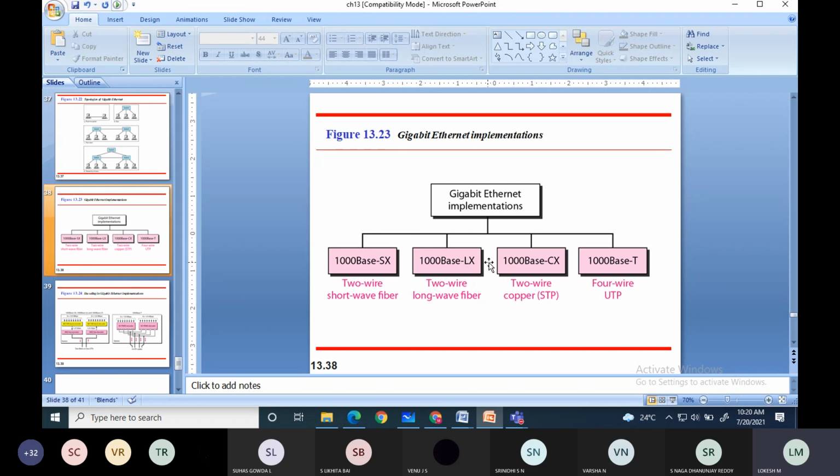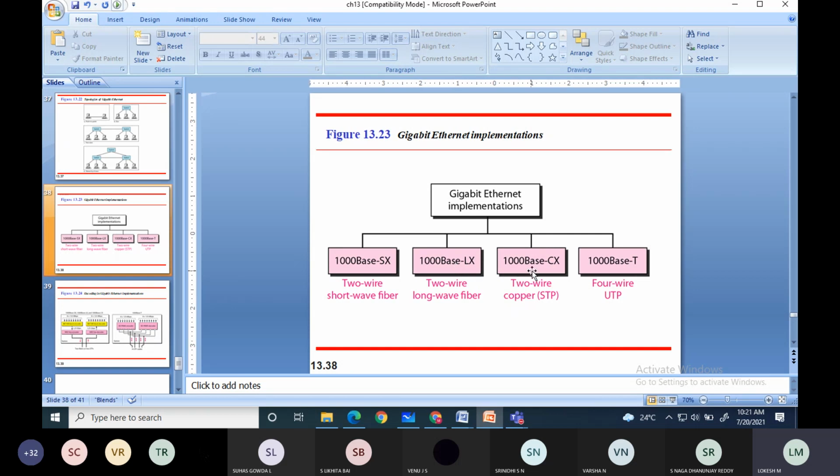And 1000Base-LX means long wave fiber, where we can connect devices over longer distances, and send a data rate of 1000 Mbps, and we use two wires to transmit and to receive the data.